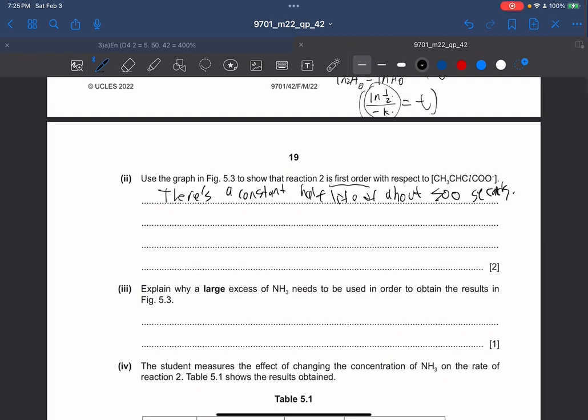The reason for that is because if the concentration of NH3 is so big, you use a bit of it, it's basically constant, so it's not going to affect our rate very much.